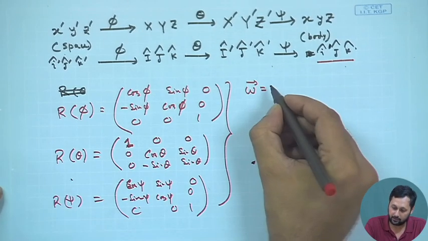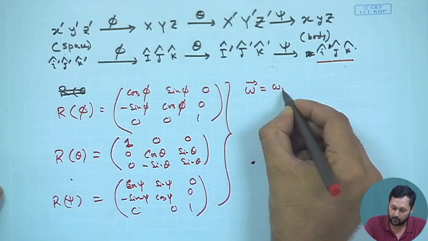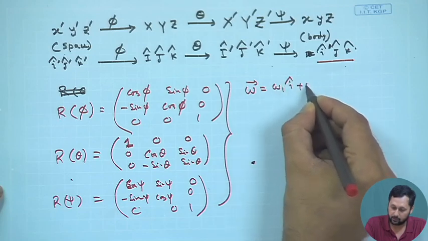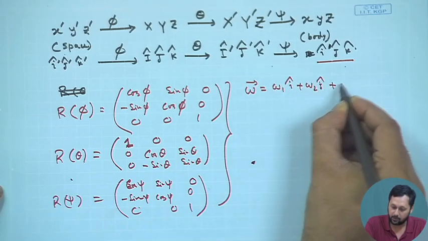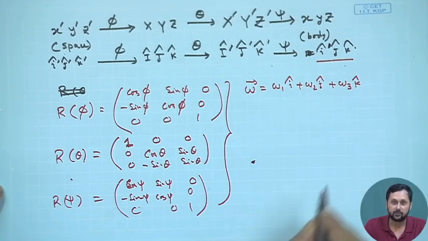So, in this axis system, omega will be decomposed into omega 1 i cap plus omega 2 j cap plus omega 3 k cap, that we know already.